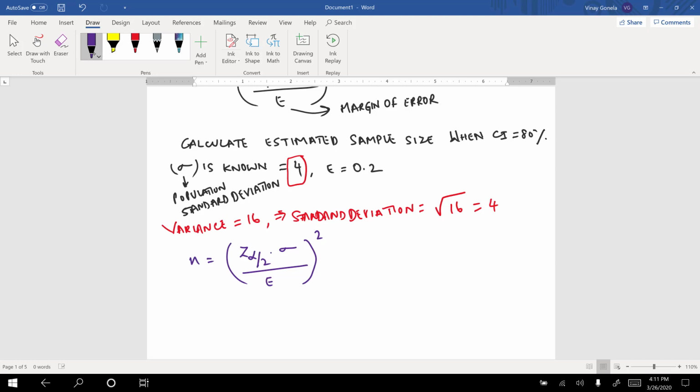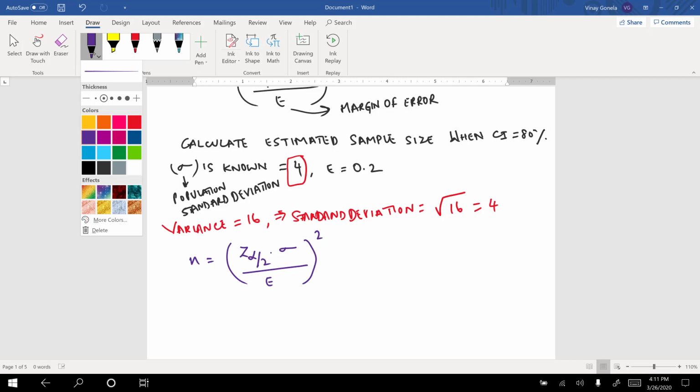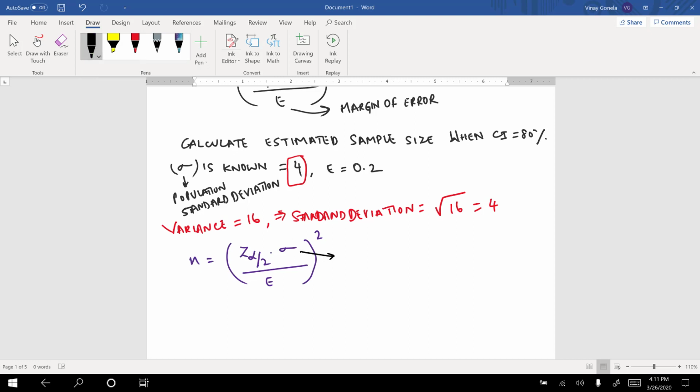So in this all these are given: sigma is given as 4 and error is given as 0.2, and the challenge at this time is to calculate this z alpha over 2, which is also called critical value.